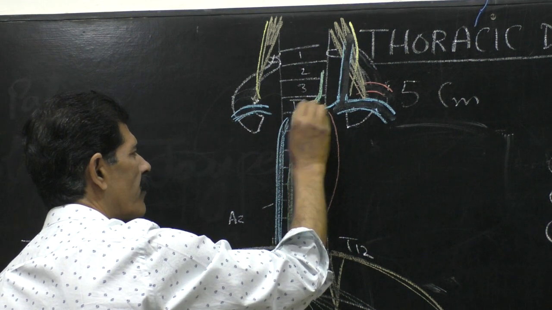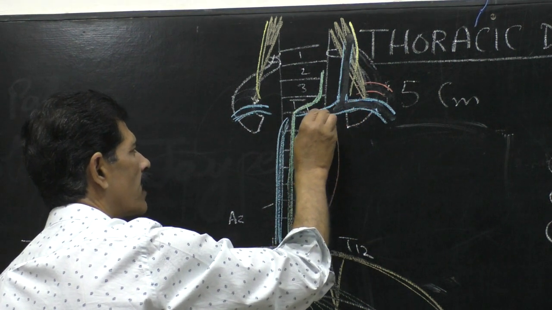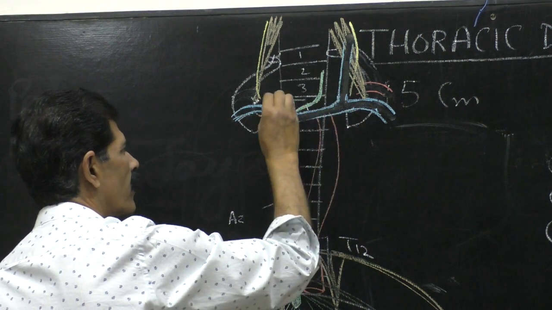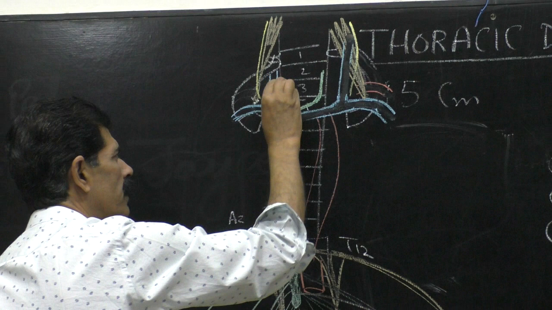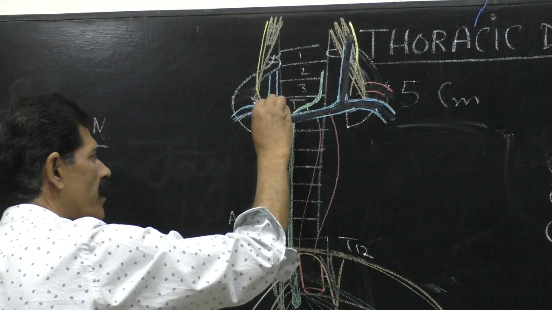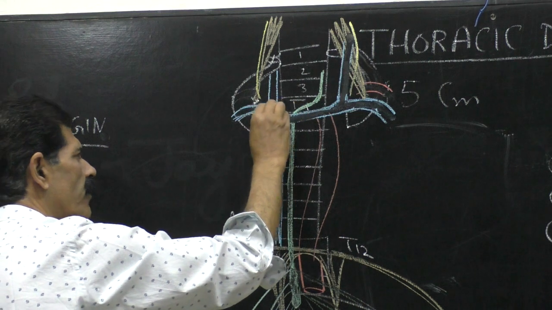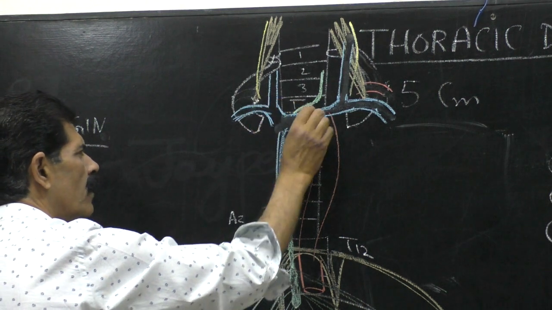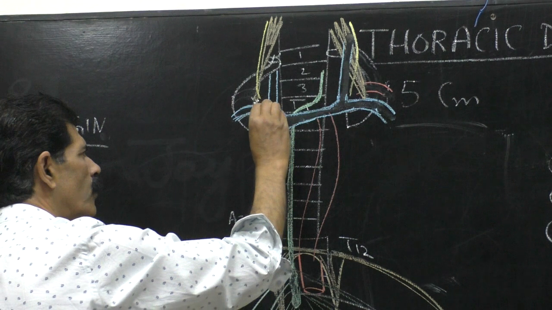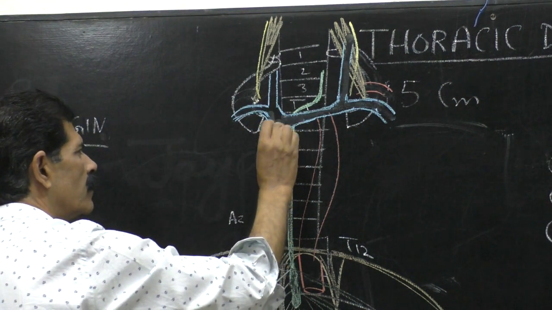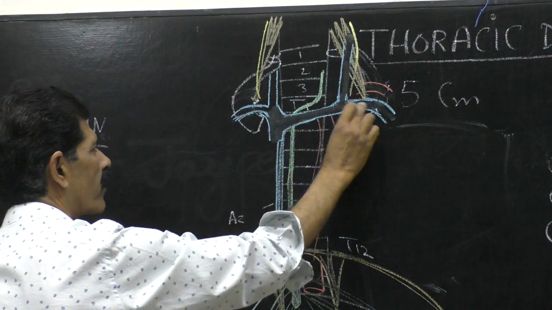And this brachiocephalic vein crosses to the right side. Similarly on this side, the right internal jugular and right subclavian vein unite to form the right brachiocephalic vein. Both the right and left brachiocephalic veins meet on the right side to form the superior vena cava.